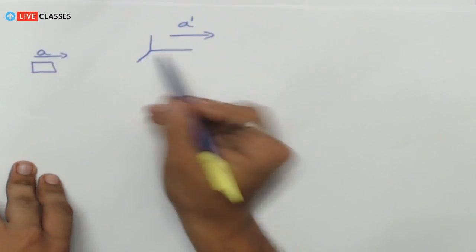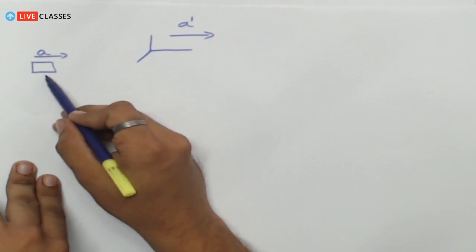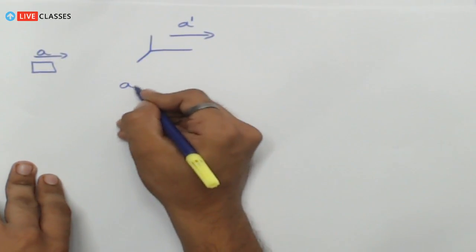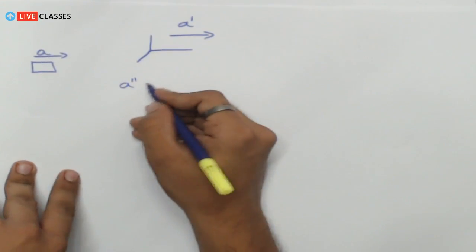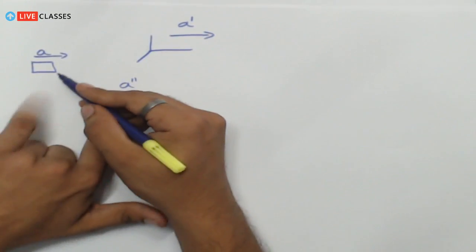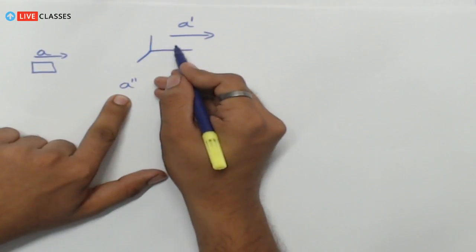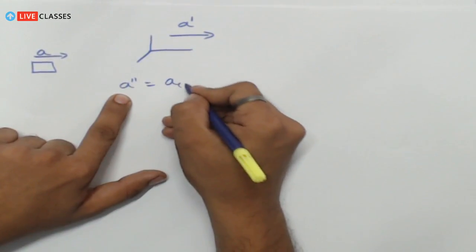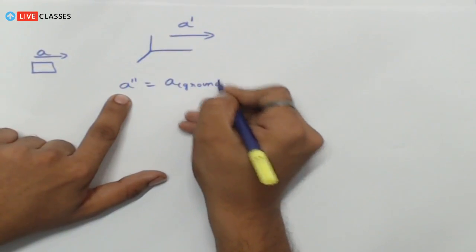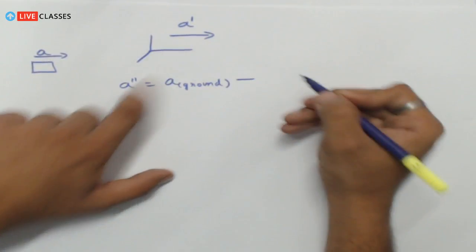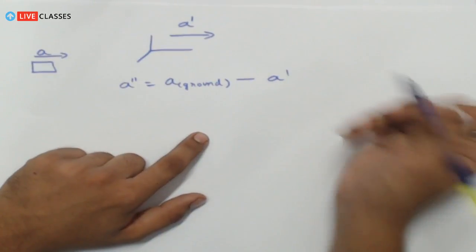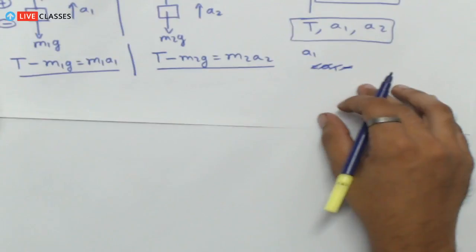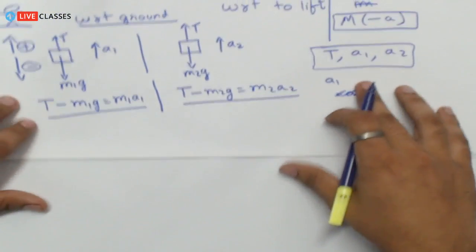If you want to find the acceleration of this block with respect to the frame, this a double dash is the acceleration of the block with respect to this reference frame. So what you do is, a with respect to ground minus the acceleration of the frame, a dash. So we are going to use this only.